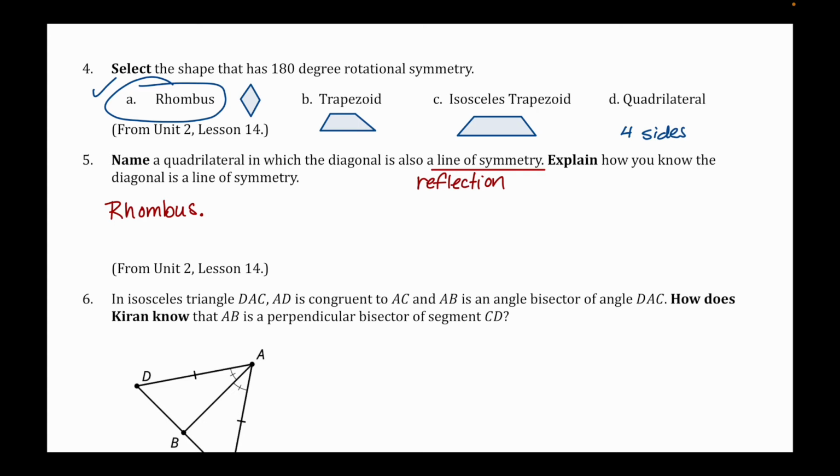So we would say, in order to explain this, let's actually use some math words here instead of my basic description.